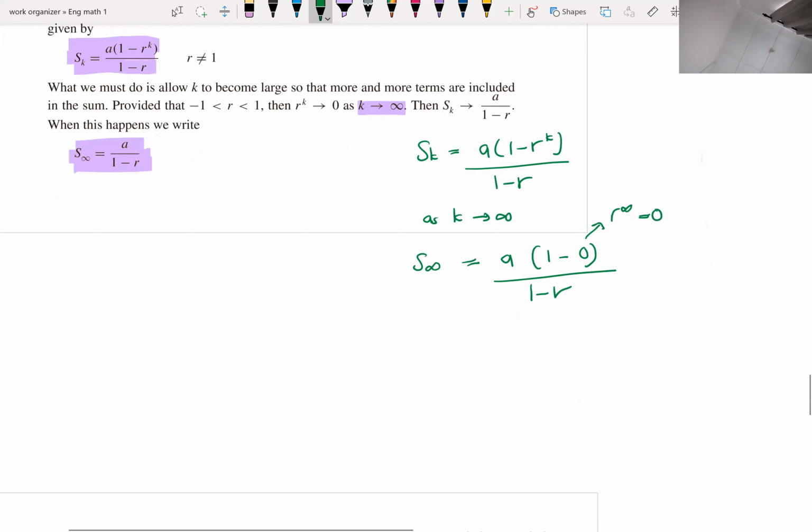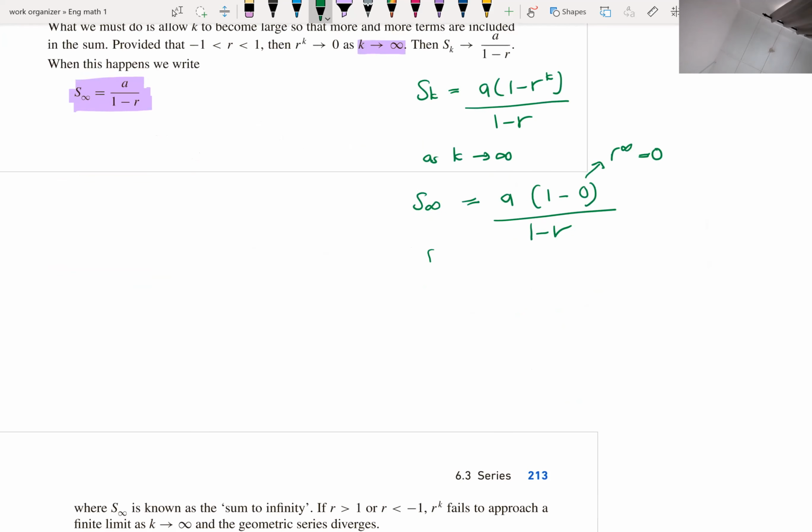So finally we get S infinity equals a over 1 minus r. This is only valid for r less than 1 and bigger than -1. Why? Now I'm going to show you.